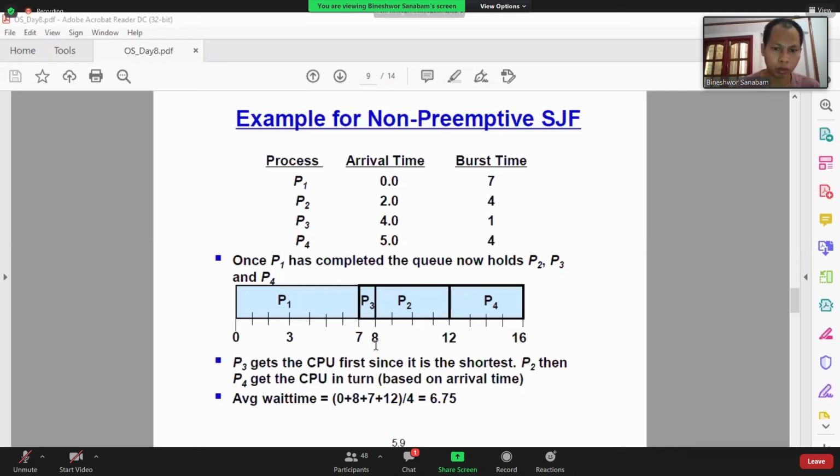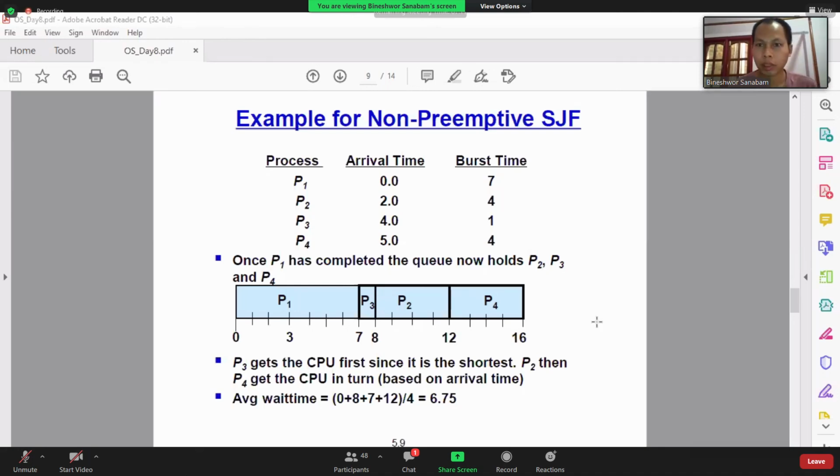It has to wait for 6 units of time. P3 arrives at 4 and gets the CPU at 7, so it has to wait for 3 units of time. For P4, it arrives at time 5 and gets the CPU at 12. So 12 minus 5 is 7. These are all the waiting times.